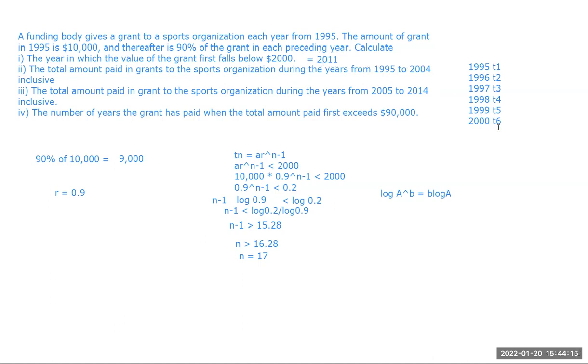Term 1 is 1995. So that means 2004 is 10, right? 2004. Yeah. And if 2004 is 10, then I add 7 more. Yeah, you're right. You're correct. Excellent. Good. 2011. So that's the year the grant will fall below 2000 US dollars.